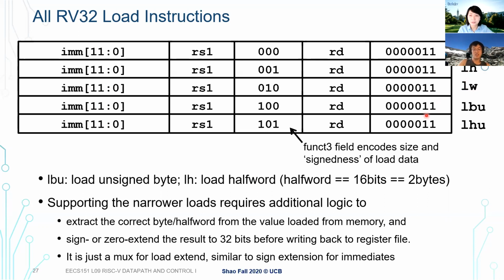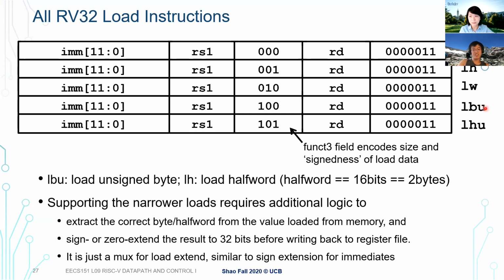But we could also load a half word. A half word is half of the word size: one word is 32 bits, so half a word is 16 bits, basically 2 bytes. Or we can load a single byte, which is LB. And we can also load an unsigned value instead of a signed value. So here we use U to indicate an unsigned value.